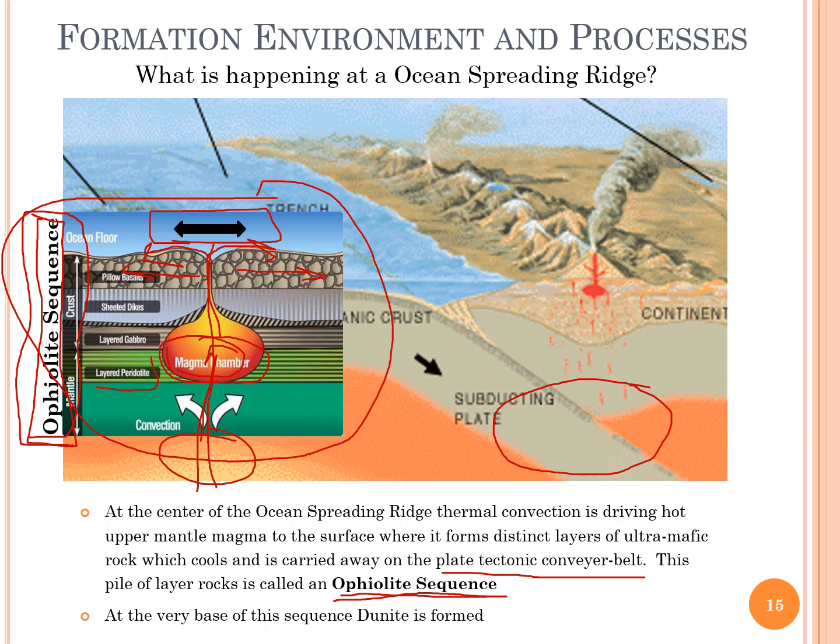This layered peridotite, which we saw before in that previous diagram, includes dunite. Above it is gabbro, a darker ferromagnesium mineral related to granites. Then sheet dikes, these are just vertical elements of igneous rock that form and cool in a sheet type way, oftentimes with vertical components.